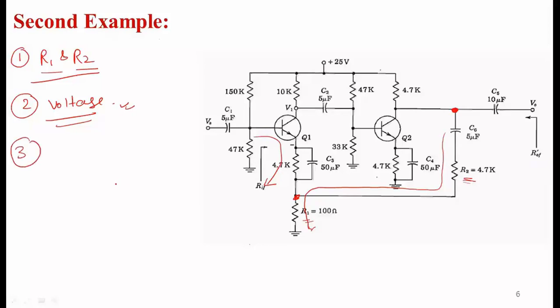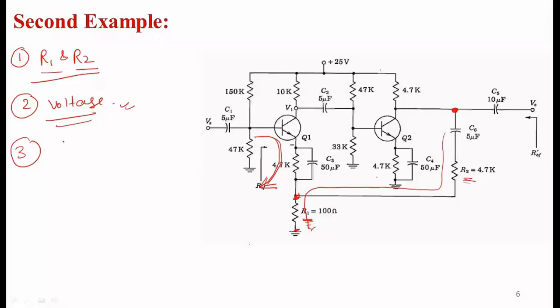If we observe the input side connection, if both the terminals of the feedback components are in the input circuit, then the topology is series, otherwise shunt. So if you make the connection or the circuit in the input side, this is the input circuit, so we can say that the terminal of R1 is common in the input circuit.